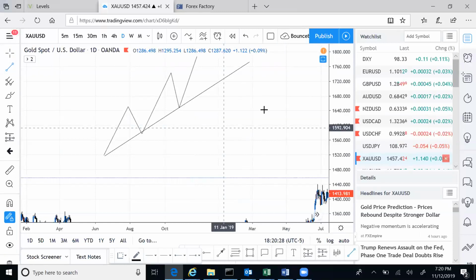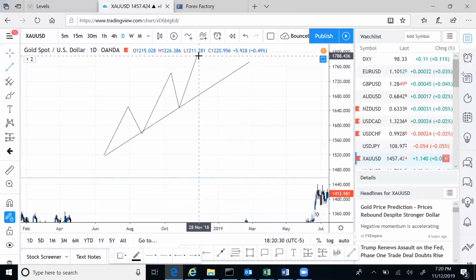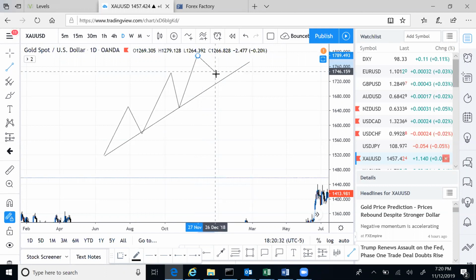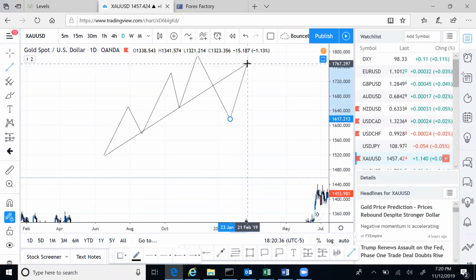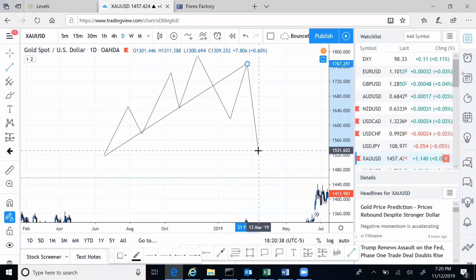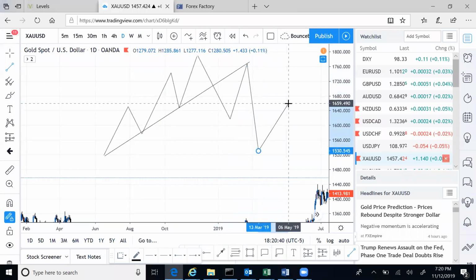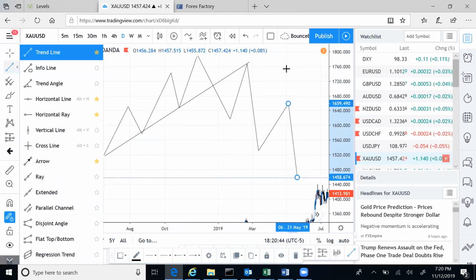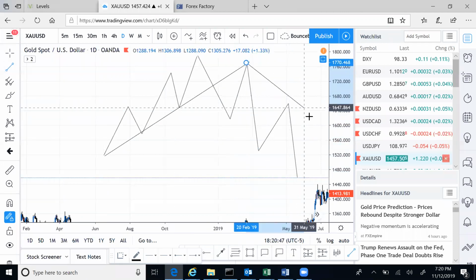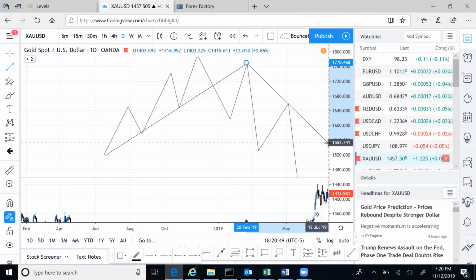Good. For sell stop, so if we were looking for sell now, your trend line now comes from the top, and you're taking the high.